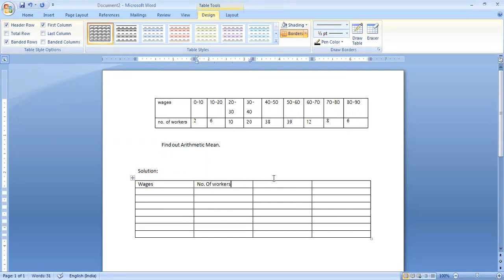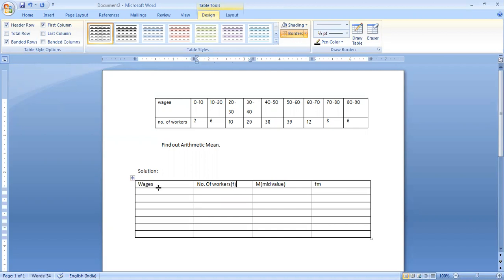Then these 2 columns we have to fill. Here this is M. M stands for, you all know, mid value. What is mid value? I will tell again, don't worry. Okay, this is FM. This is F.